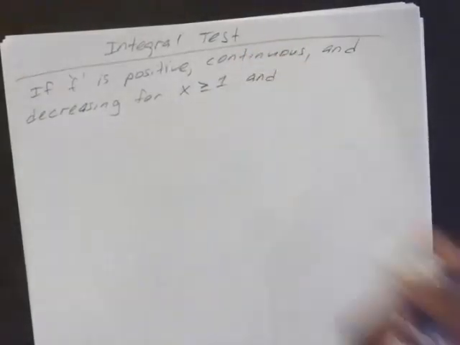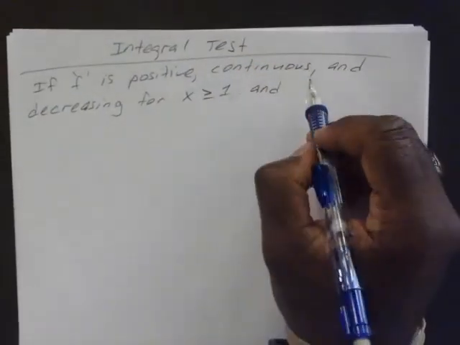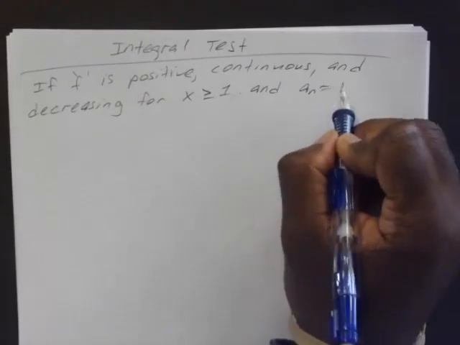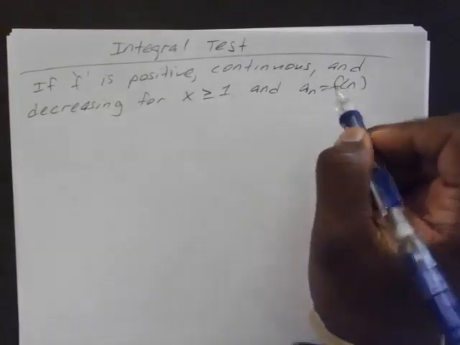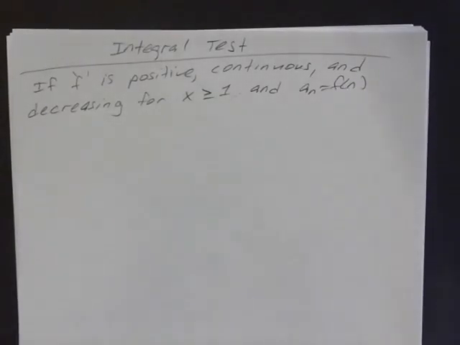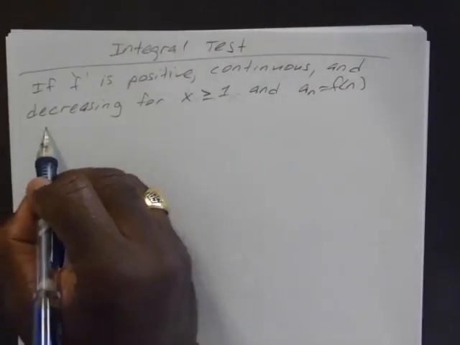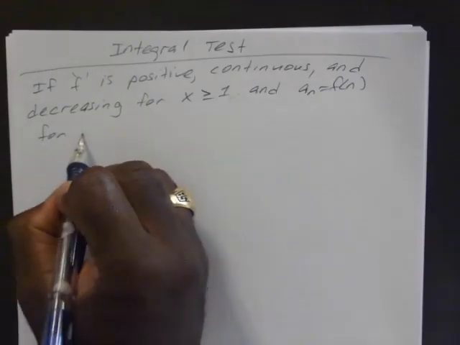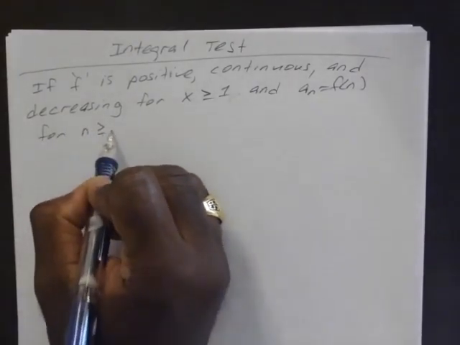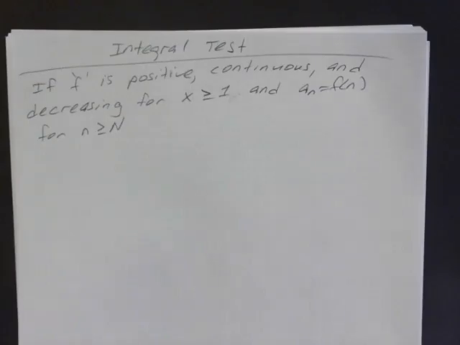And for a sub n equals f of n, that's decreasing for n greater than or equal to some larger value that we will call uppercase N.